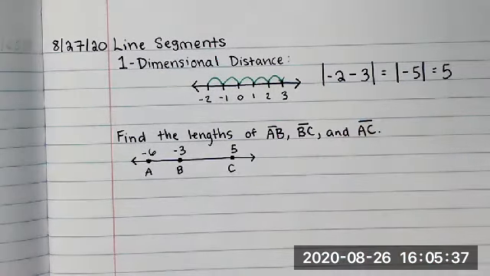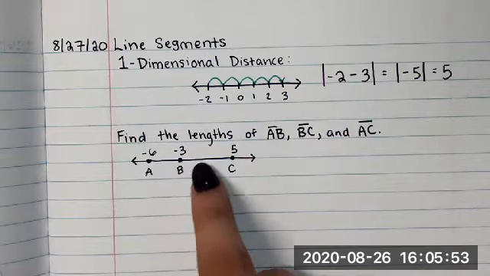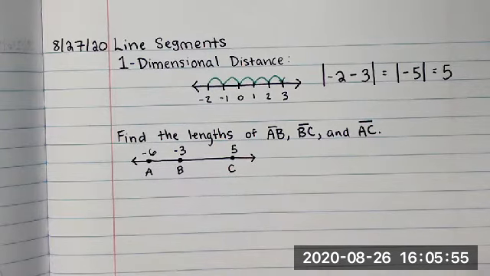And lastly, C at 5. This doesn't have to be to scale or anything like that. This is just for our notebook. So if we wanted to fill in the marks to be able to count, we could do that, but that takes up a lot of our time. So it might be quicker for us to use the absolute value method.